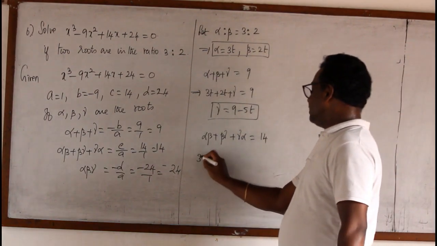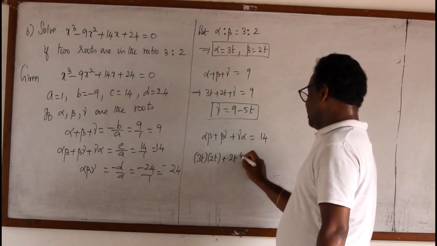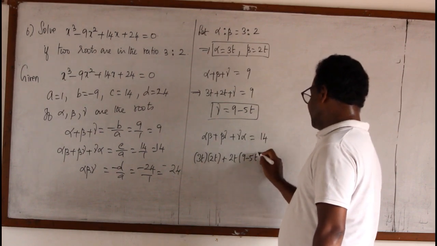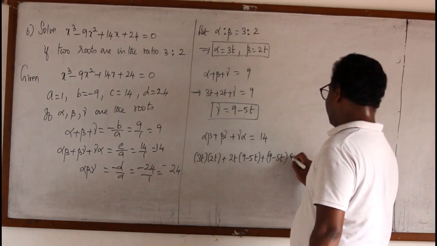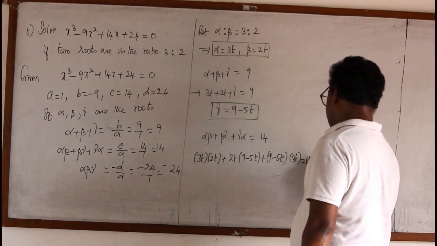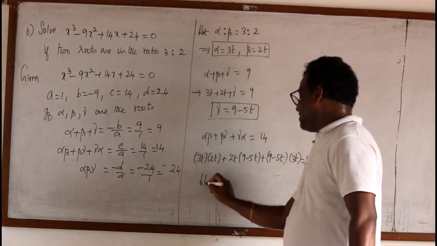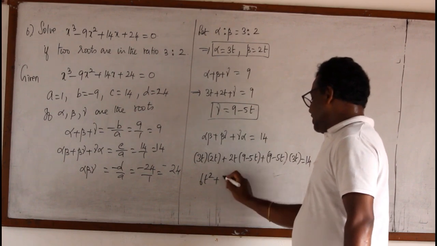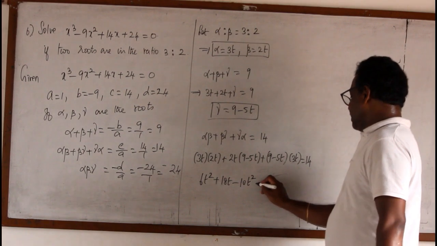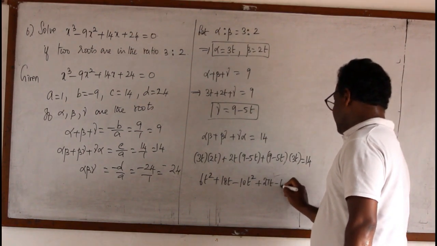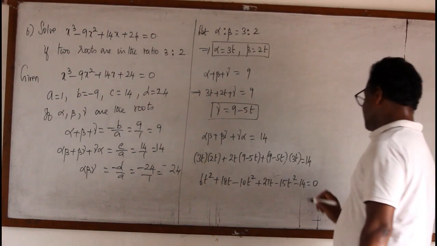So it is 3t into 2t, plus beta gamma, 2t into 9 minus 5t, plus gamma alpha, 9 minus 5t into 3t, equal to 14. Multiplying: 6t square, 2t into 9 is 18t minus 10t square, 9 3s are 27t minus 15t square, minus 14 equal to 0.